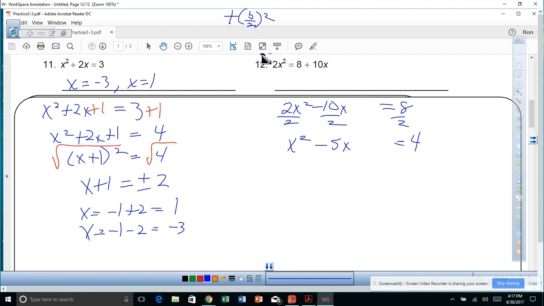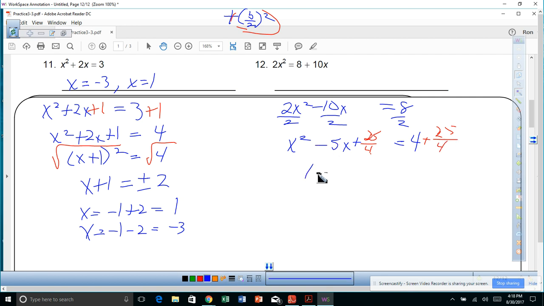Now I'm going to add b over 2. That's going to be 5 halves squared, so that's going to be plus 25 fourths. I'm adding this right here, and I'm going to add 25 over 4 plus 25 over 4.